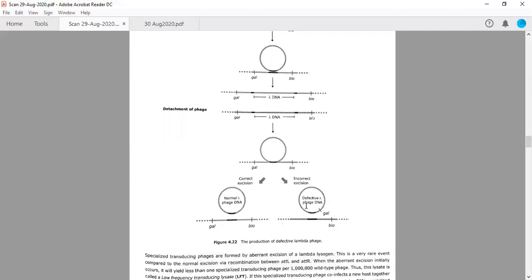So it will transfer this galactose metabolizing gene from one bacterial cell into another bacterial cell. But the story has not ended here. Actually, there are two probabilities. Either this galactose metabolizing gene will be integrated into the bacteriophage DNA, or this biotin synthesizing gene will be incorporated into the lambda phage DNA.